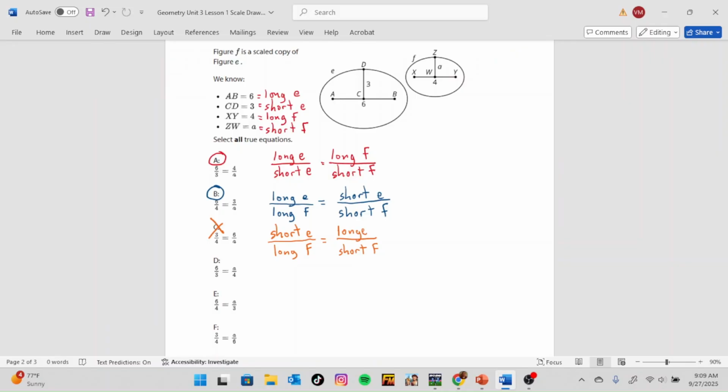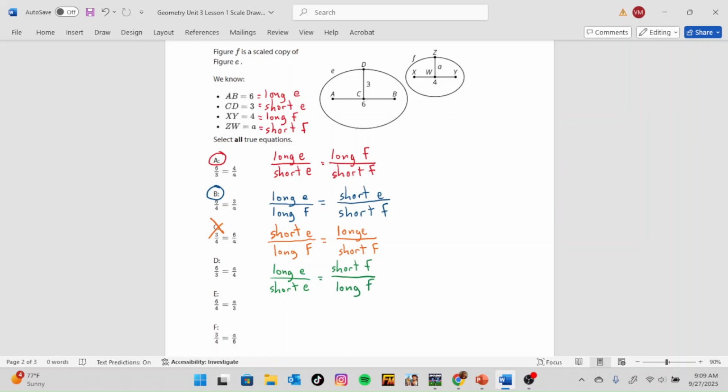When we look at D, we have 6 over 3. So this is the same thing we had up in A, where we have the long line in oval E with the short line in oval E. So far, so good. But when we look at the right side, notice it's the inverse of what we had on A. So now we're actually saying the short part of F on the top with the long part of F on the bottom.